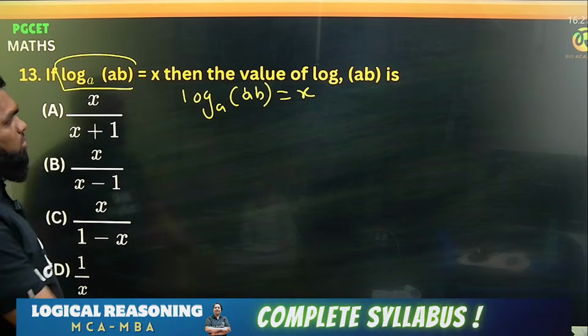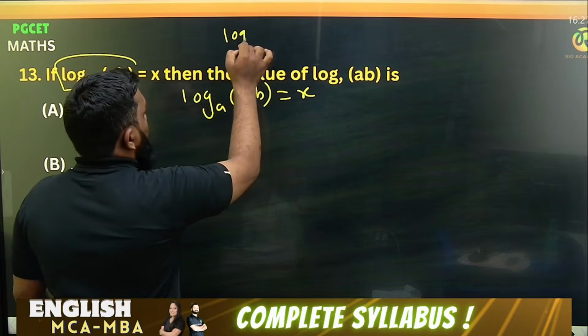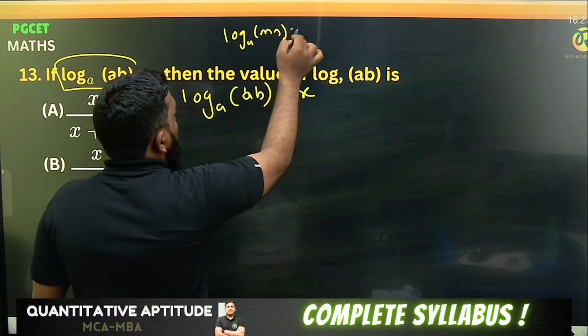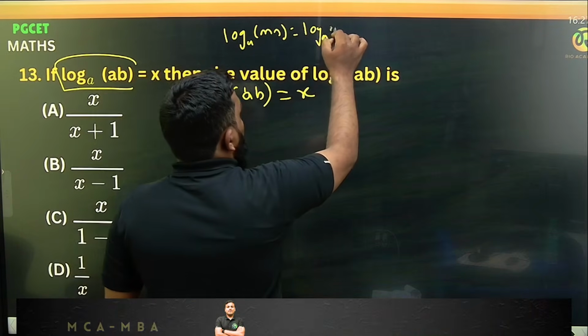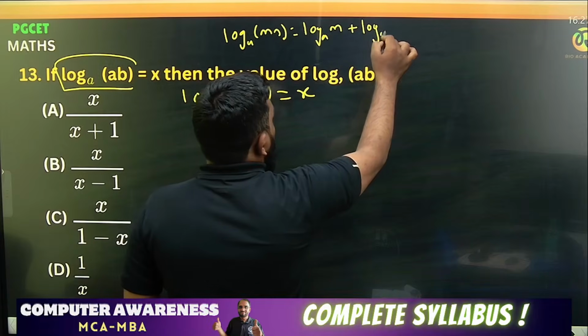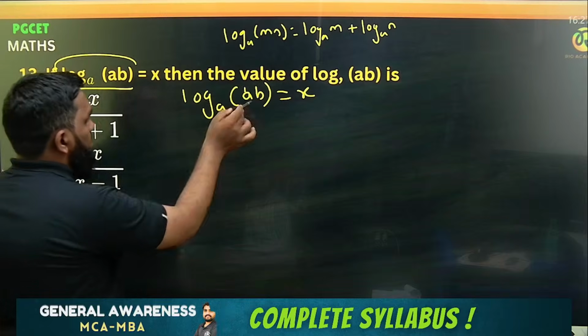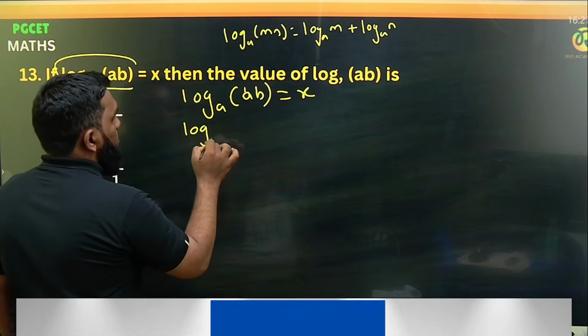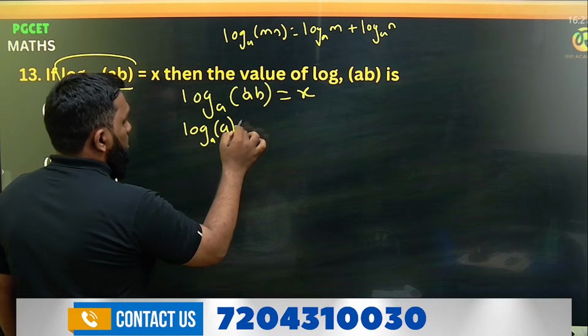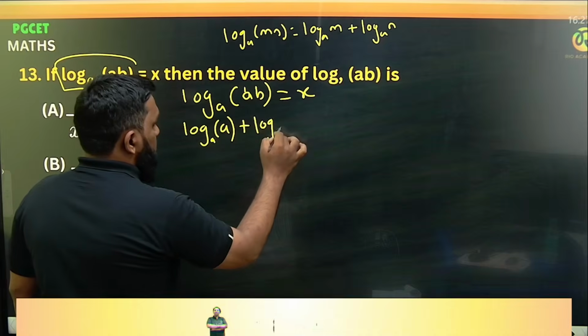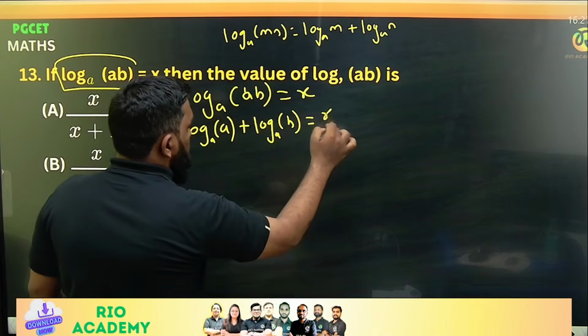log of base a of mn means log of base a of m plus log of base a of n. We are going to take log base a of a plus log base a of b equals x.